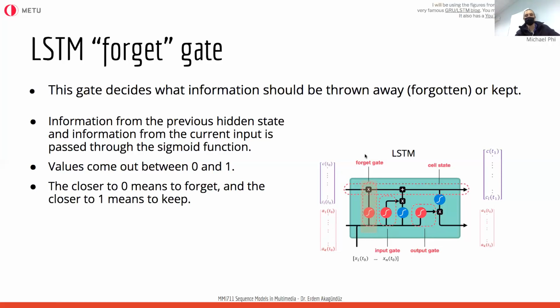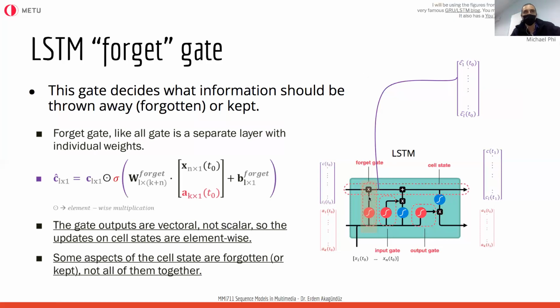So here I have a vector, right? Here I have a vector. That vector is this, guys. I make this element-wise multiplication. So it is like the cell state is a vector, which holds the long-term information that I'm trying to keep in the network.